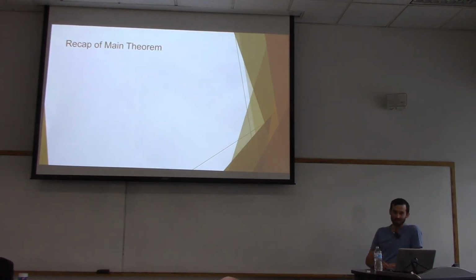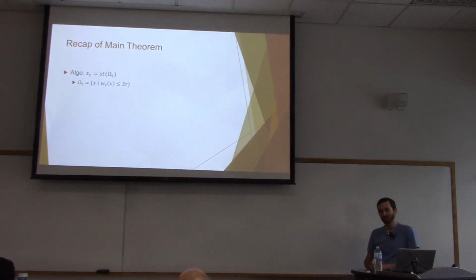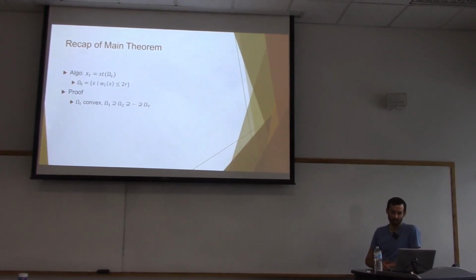So just to recap the main theorem, the algorithm was I just play the Steiner point of this sublevel set omega t. And the proof, going back to the work function section, we showed that the sets omega t are convex and nested. I had this feasibility lemma.